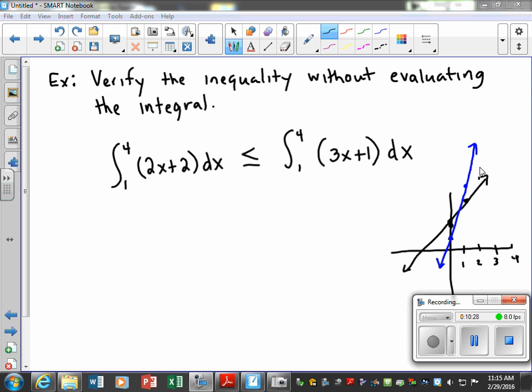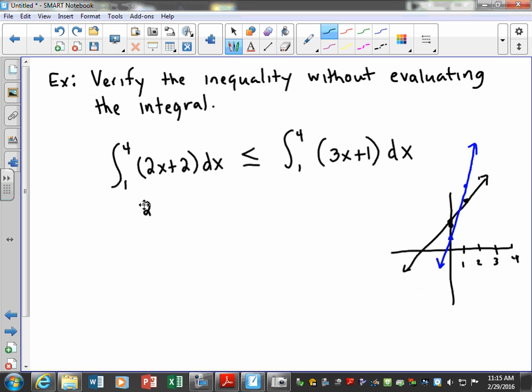But also, let's see that more clearly algebraically. So if I have 2x plus 2, let's evaluate at our lower limit, 1. Then I want you to calculate it at 2 all the way to 4. So then at 3, and then at 4, and let's just look at this point for point.